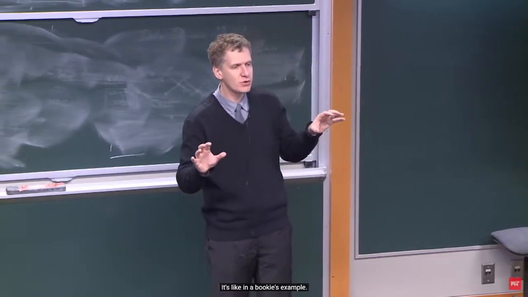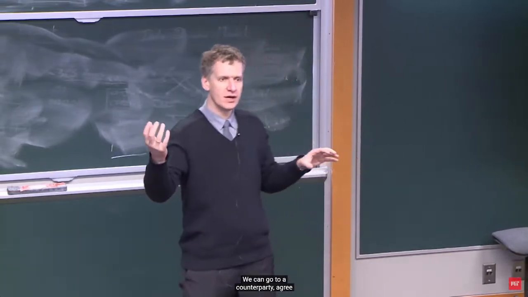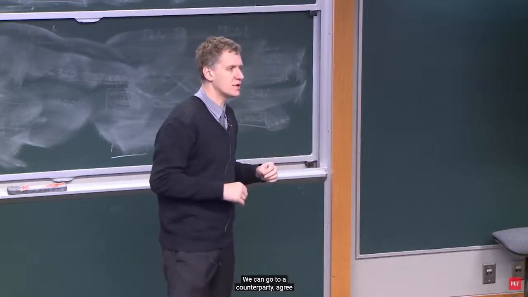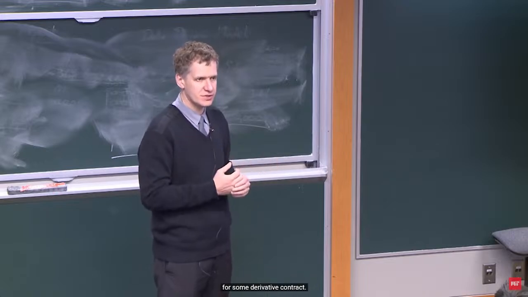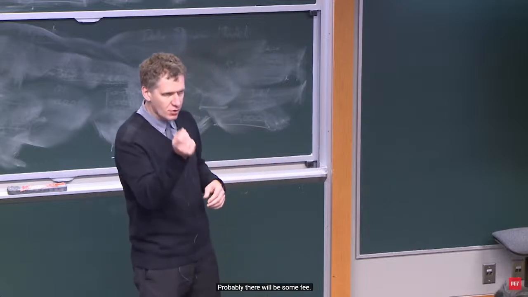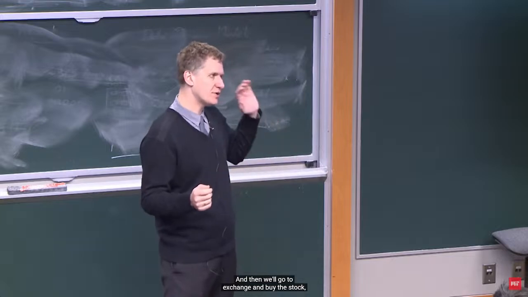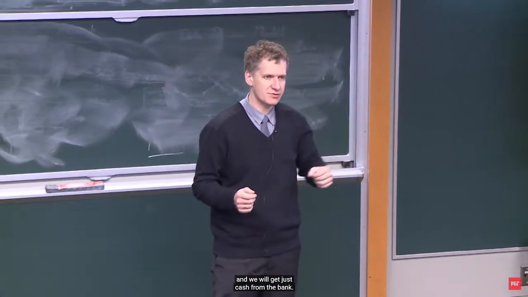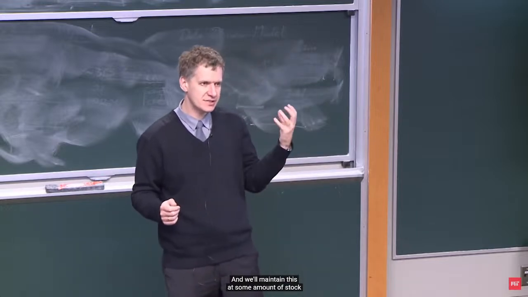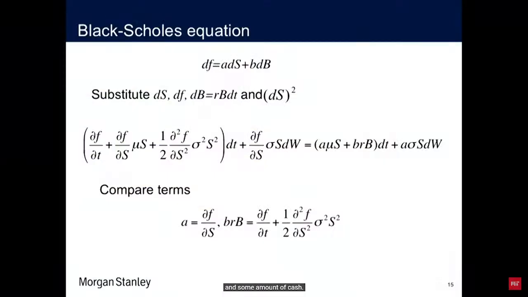It's like in a bookies example. We can go to a counterparty, agree on some derivative contract, probably with some fee, and then we'll go to the exchange and buy the stock, and we will get just cash from the bank, and we'll maintain some amount of stock and some amount of cash, and we'll be sure that we are hedged. There is no risk in this combination of the derivative and our hedge.